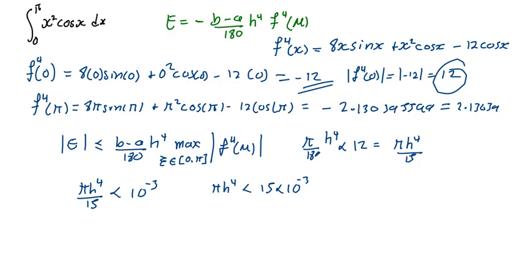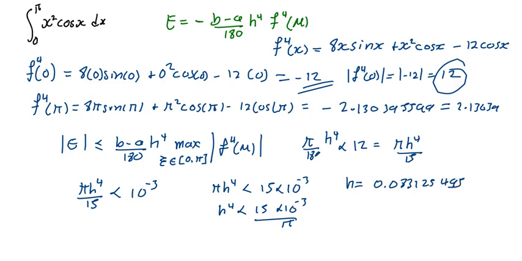You just divide both sides by pi, so h to the fourth is less than 15 times 10 to the power negative 3 divided by pi. Then you take the fourth root. You're going to end up with your h being 0.083125495. That will be your h.